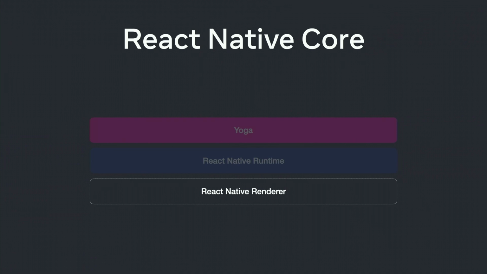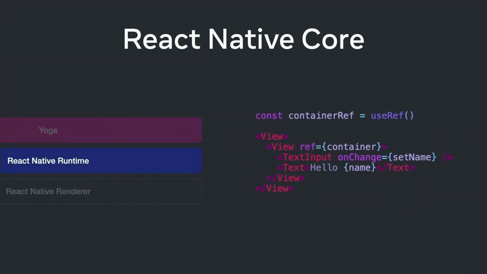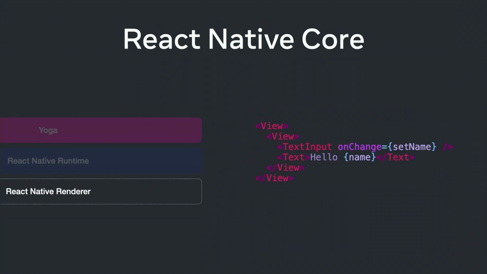The renderer is responsible for rendering the platform-specific views, so UIKit or Android View widgets. And it's not really changing. The way the renderer works will remain the same. We are continuing to render platform-specific views on each platform. We're not going to start rendering web views.